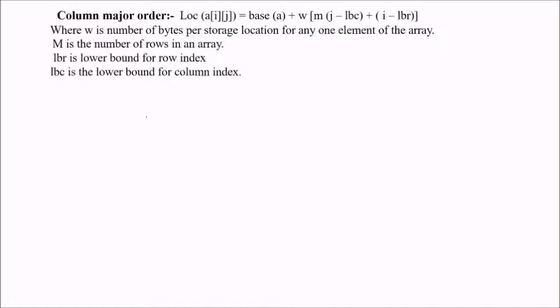In column major order, the location will be given by Base(A) plus W times ((LBC... m times (j minus LBC)) plus (i minus LBR)), where m is the number of rows in the array, W is the number of bytes per storage location for any element of the array, LBC is the lower bound for column index, and LBR is the lower bound for row index.